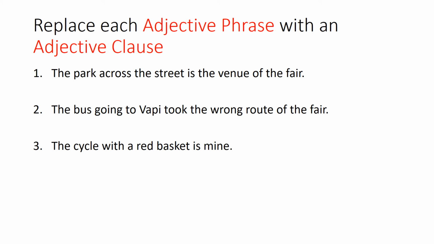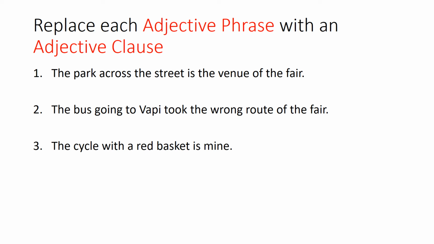Students, let's replace each adjective phrase with an adjective clause by using words like that, which, who. Example 1. The park across the street is the venue of the fair. Add the word which. The park which is across the street is the venue of the fair.